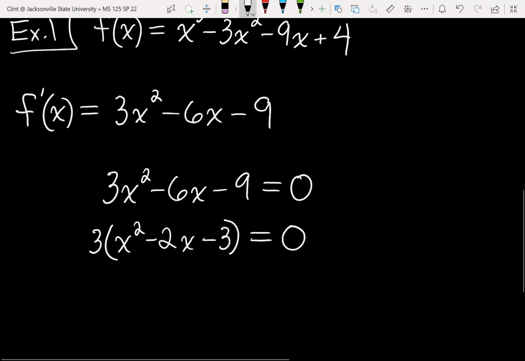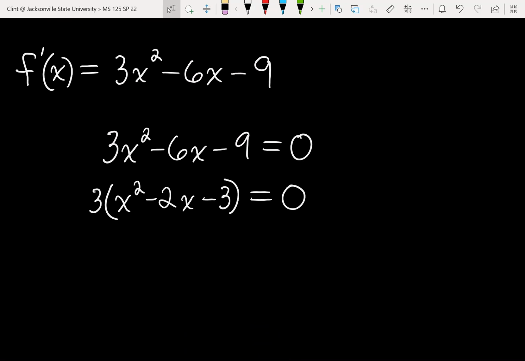I'm going to make it a little bit easier. And then if you don't see that, you can still get there. Makes it a little easier to see how to factor the rest, though. We've got a trinomial.